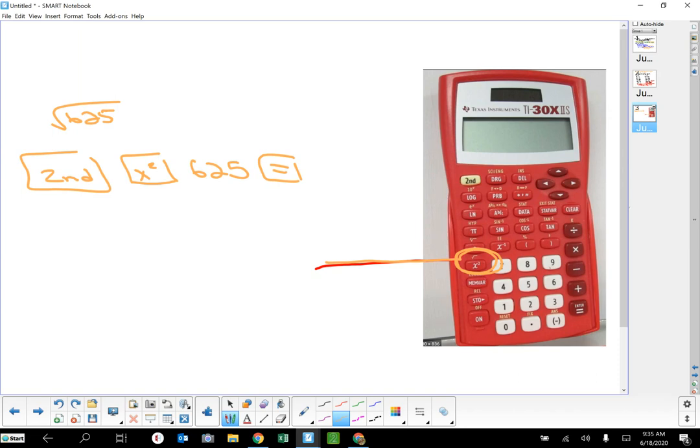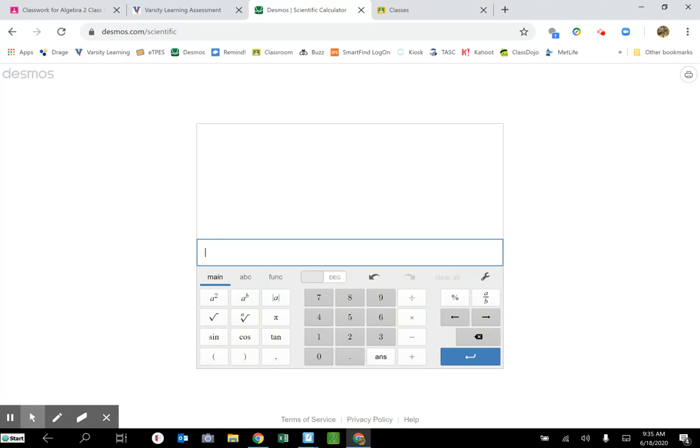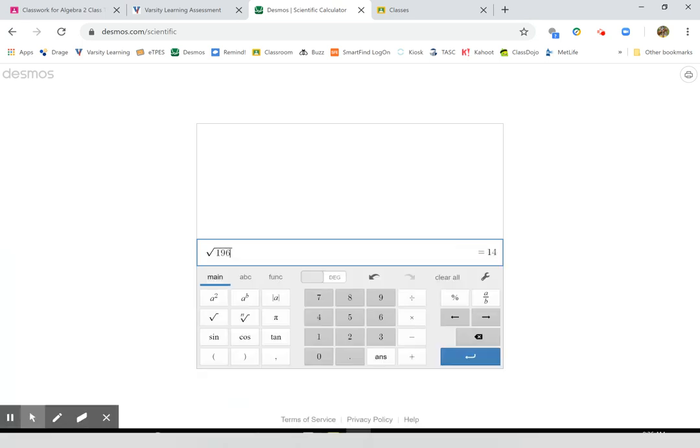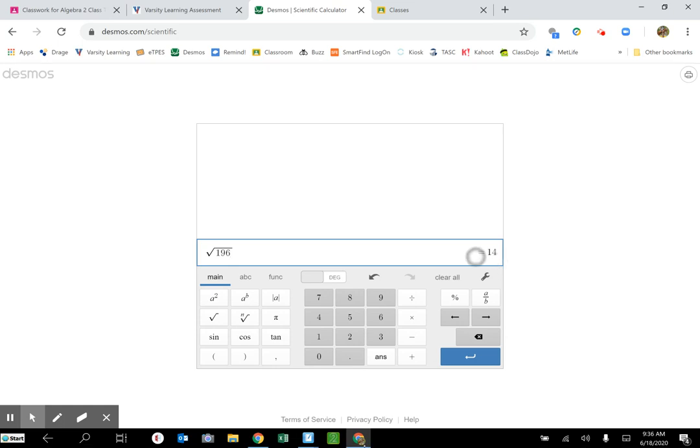Some of you might be using Desmos also. So I just want to pop over here. I have this set up. So the Desmos scientific calculator, this is really nice. Your square root button is right here. And so if you want the square root of 196, because you forgot that it's 14, just hit your square root button. You don't have to hit second or anything else. Put what you want underneath the root. And it tells you over here on the right-hand side what the answer to that is.